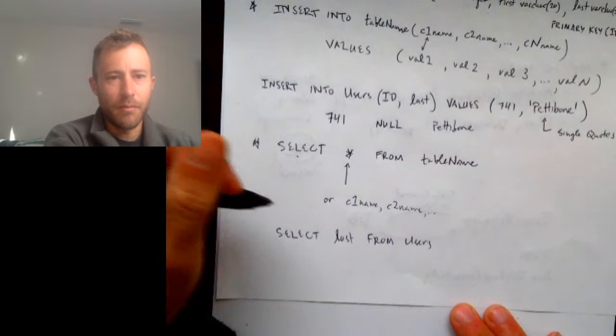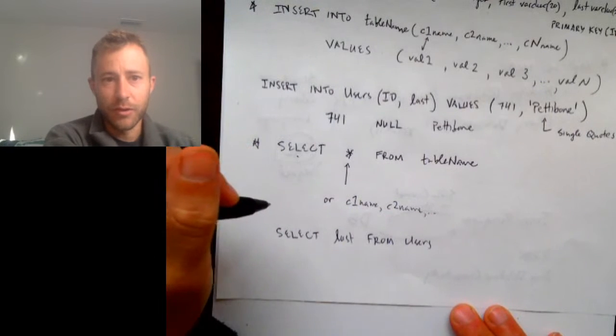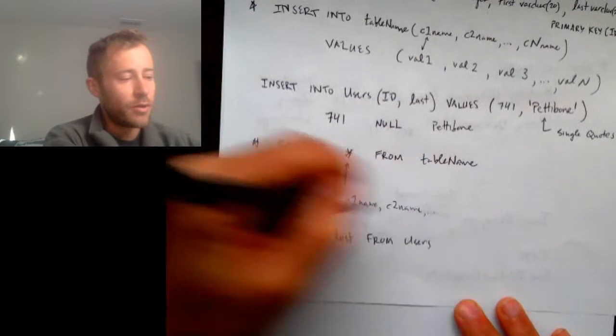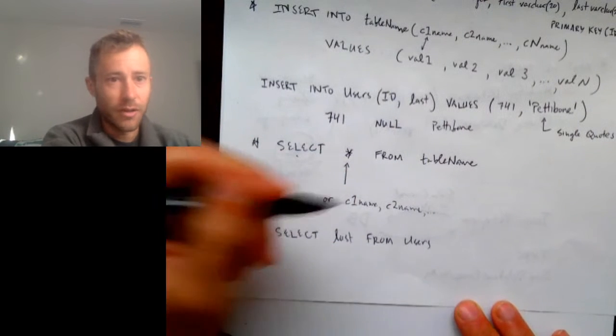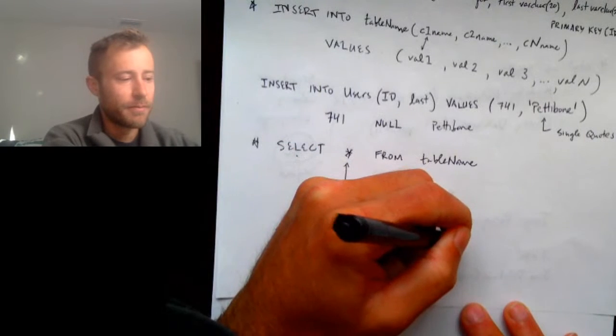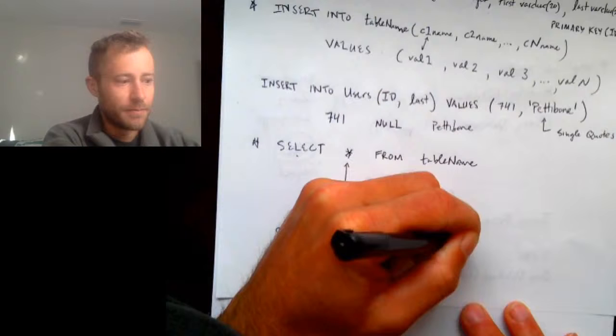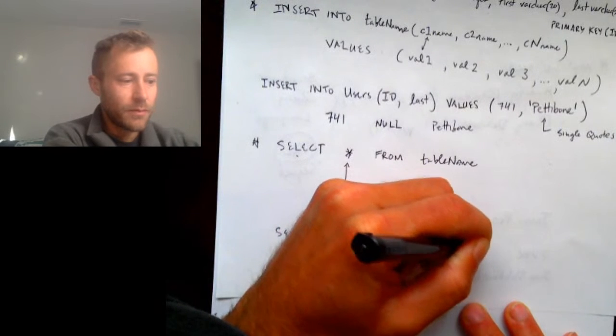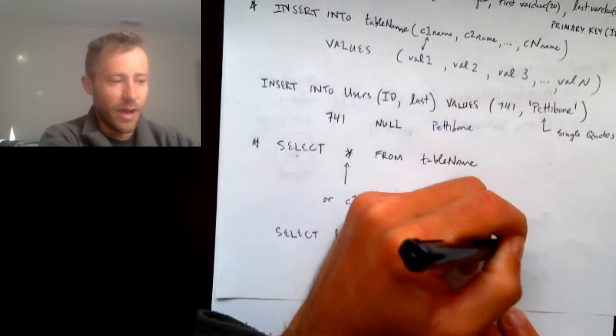Now you can read about this on your own. It's pretty simple to do, but you can also add selection criteria with where, and then you could have a condition.